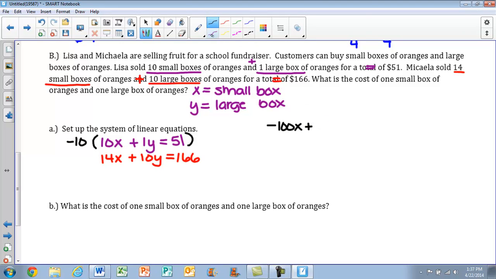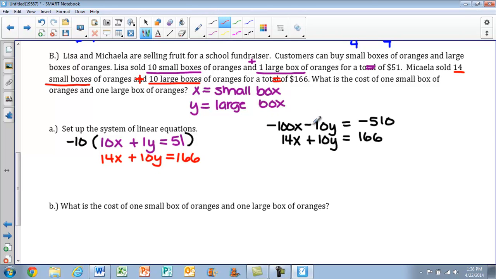Oops, that should be minus, sorry. Minus 10y equals negative 510. And then our second equation stays the same. So I have 14x plus 10y equals 166.